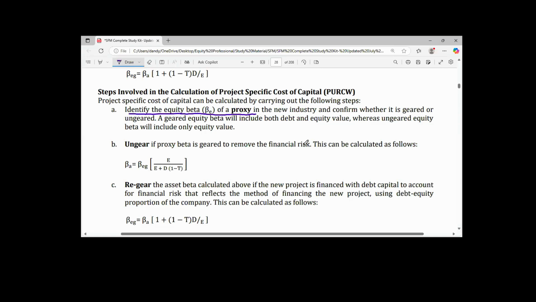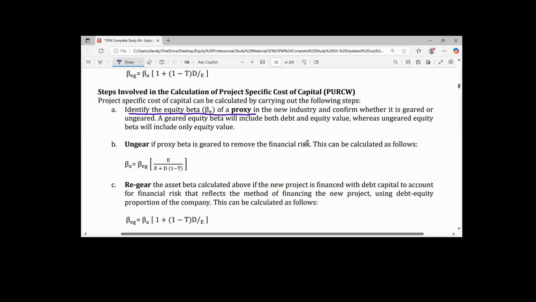There are 2 different formulas you can use to ungear, depending on whether debt beta is given or debt beta is risk-free. So according to Miller and Modigliani, debt beta is assumed to be risk-free. Therefore, there will be no need to use the extended formula.